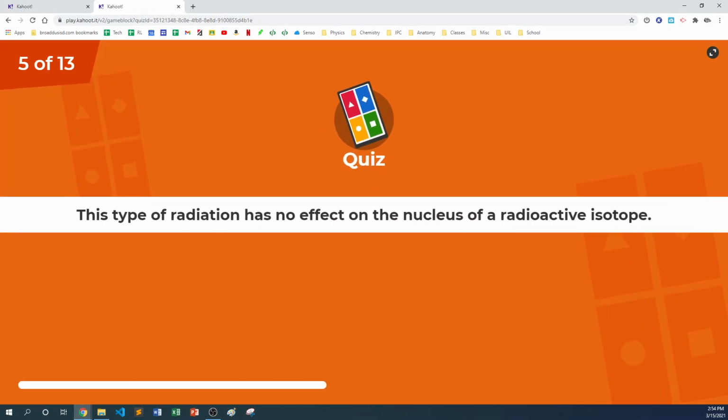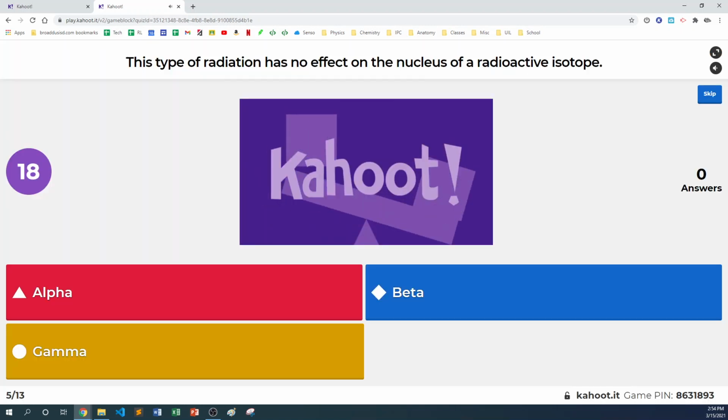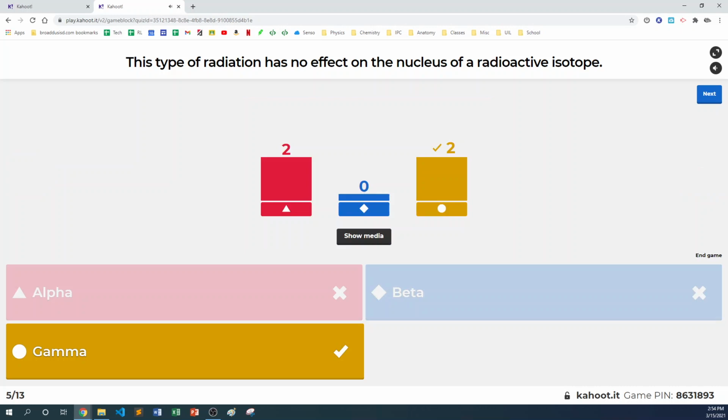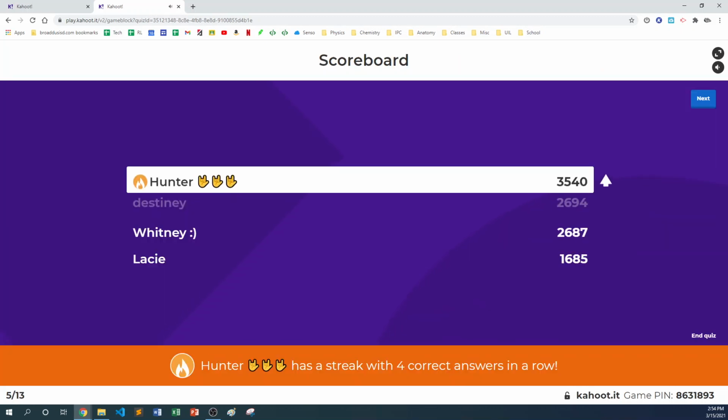This type of radiation has no effect on the nucleus of a radioactive isotope. It's technically not true, but in most cases it is. I might just give up on this one. Never mind. Gamma. Obviously, alpha and beta will change it. Hey, how did I get up there?